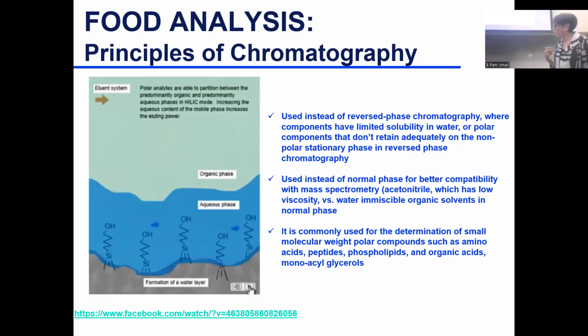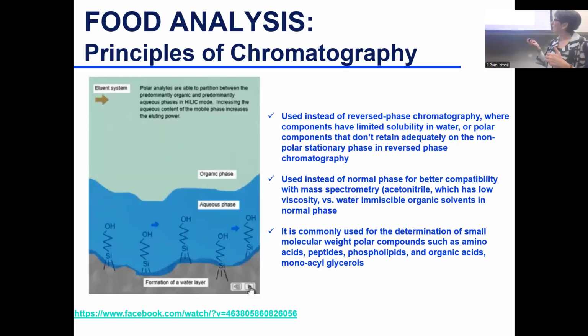If you want to have mass spectrometry as a detector, hexane doesn't work. So you really need a mobile solvent that can be used in LC, and acetonitrile can be used in LC. So if we want to use hydrophilic interaction, we cannot use normal phase and link it to mass spectrometry.